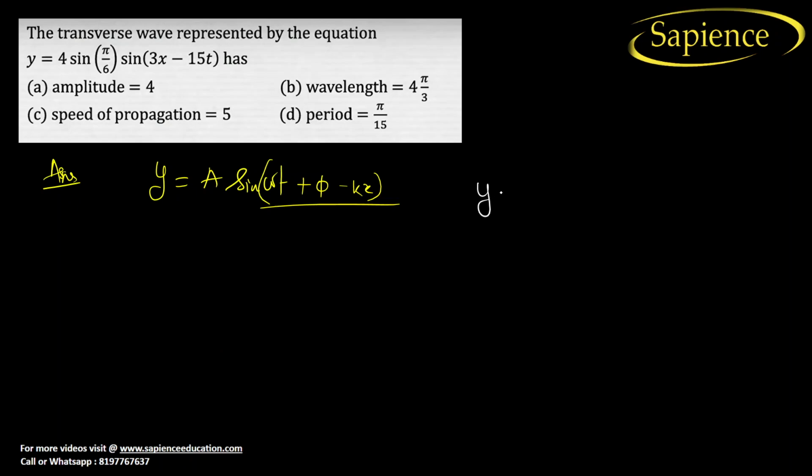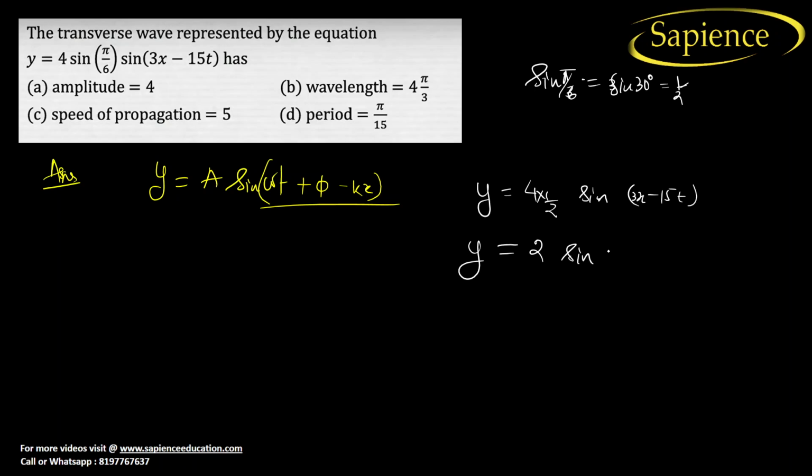So y is equal to 4 sin(π/6). Sin π/6 means sin 30, and sin 30 means half. So this is a constant, 4 into 1/2 into sin(3x − 15t). So y is equal to 2 sin(3x − 15t).